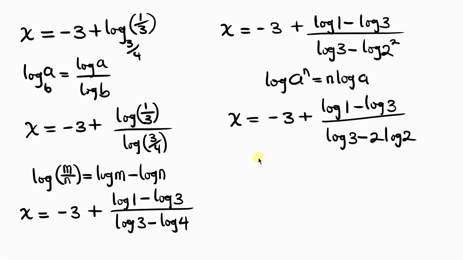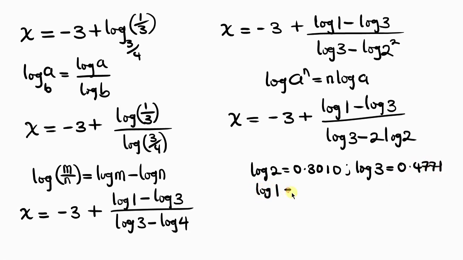And we know that log 2 is 0.3010. We also know that log 3 is equal to 0.4771. And we know that log 1 is equal to 0. So we're going to be substituting this here.